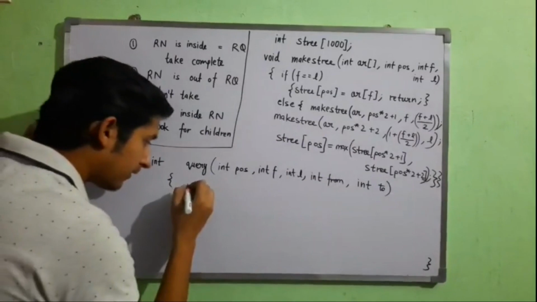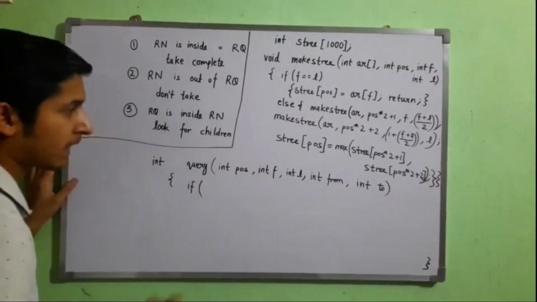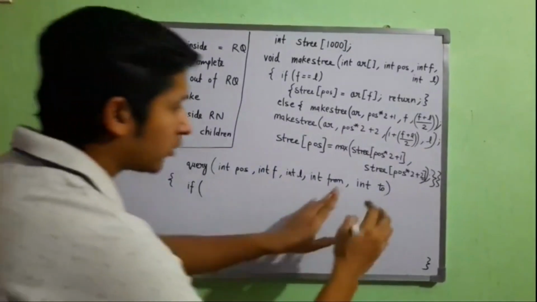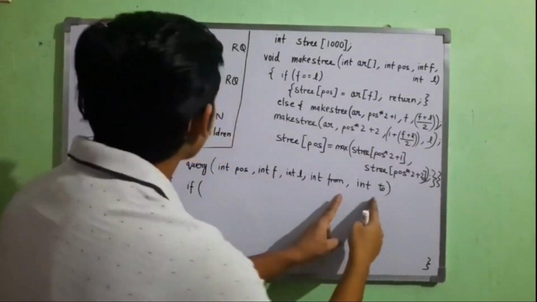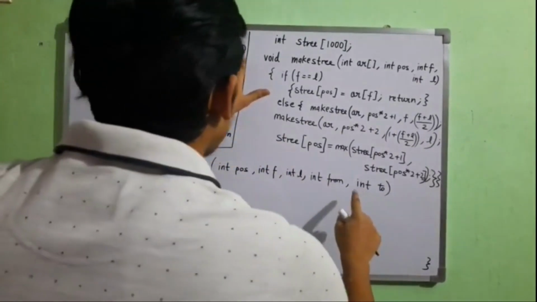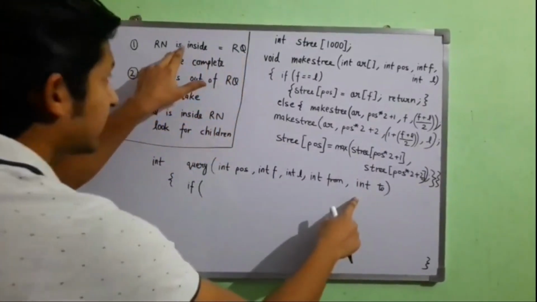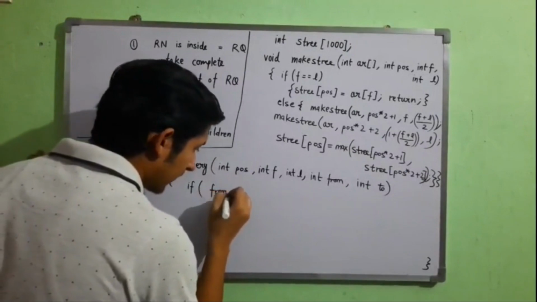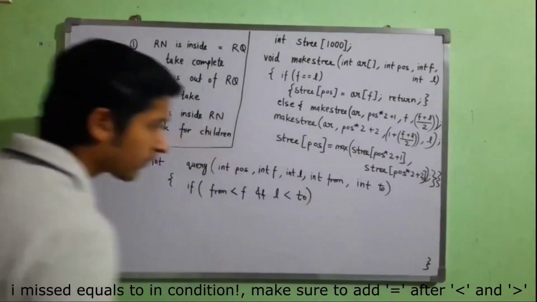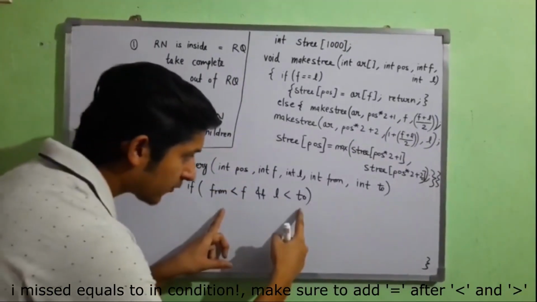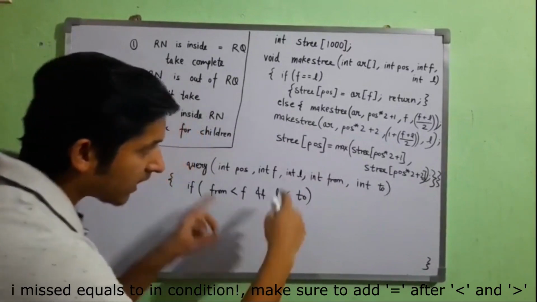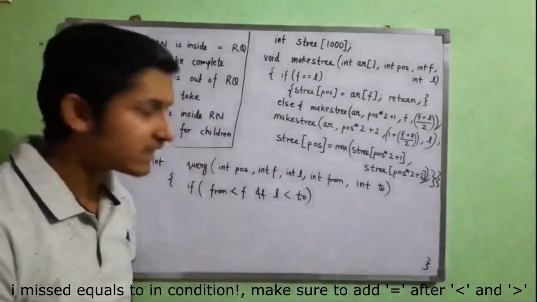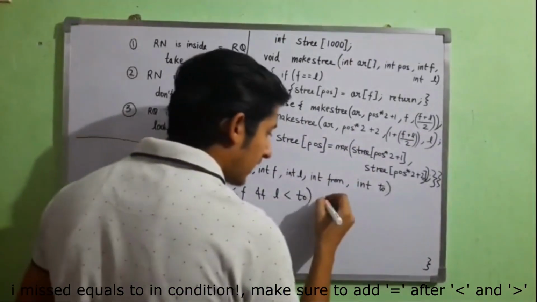Okay, so if my from to, this is my actual range of query. If this is having this inside, so if from is less than first, so this means range of query is having this range of node completely inside. So in this case I'll return simple.